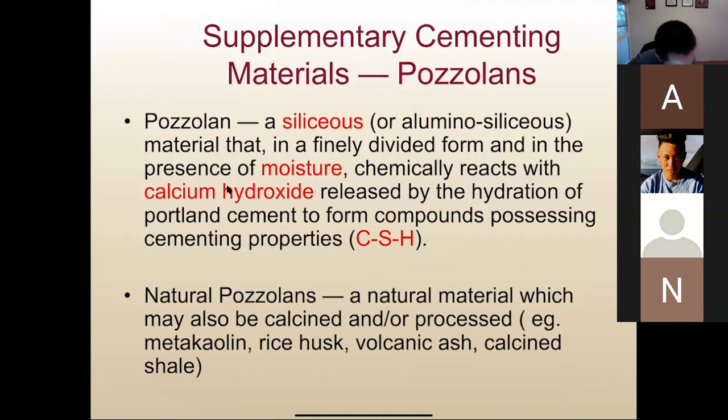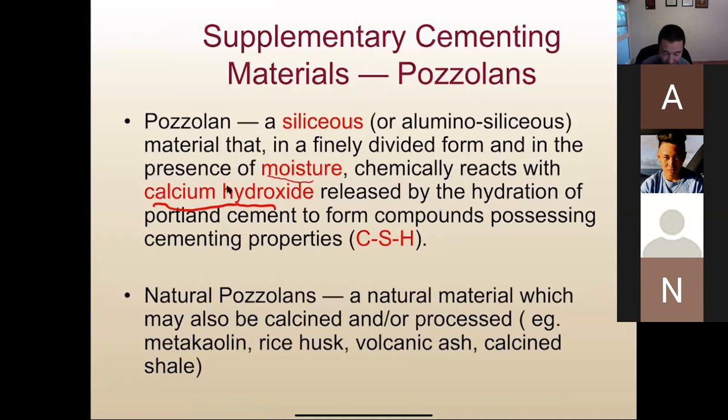Here are a couple more definitions. Pozzolans, which I think we discussed last time, are siliceous, sometimes also aluminous, materials in finely divided form that, together with moisture, will chemically react with calcium hydroxide, sometimes other types of hydroxide too, and form CSH.